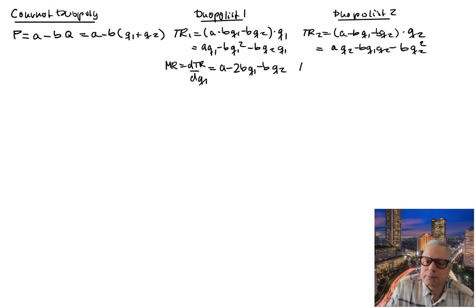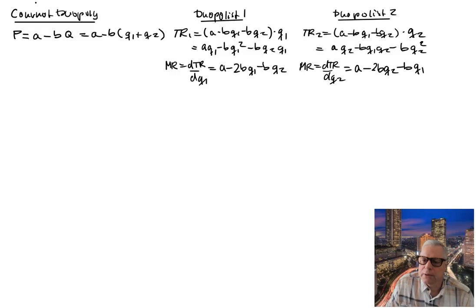And here the marginal revenue would be the change in total revenue with respect to Q2. And we get A minus 2BQ2 minus BQ1. Okay, so you should see the symmetry.